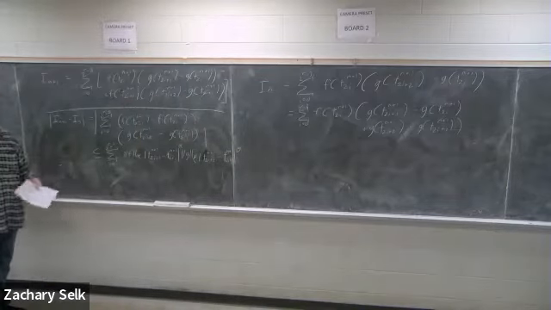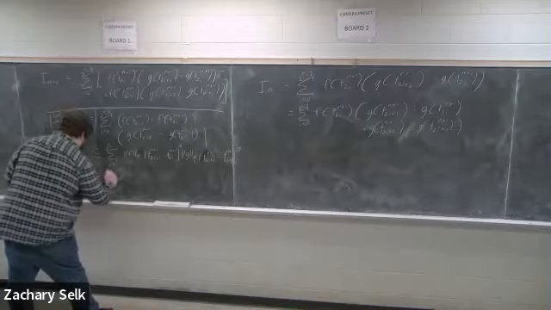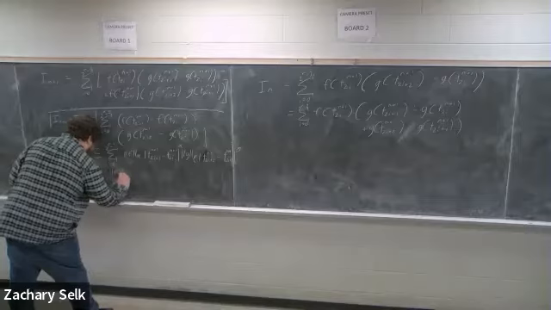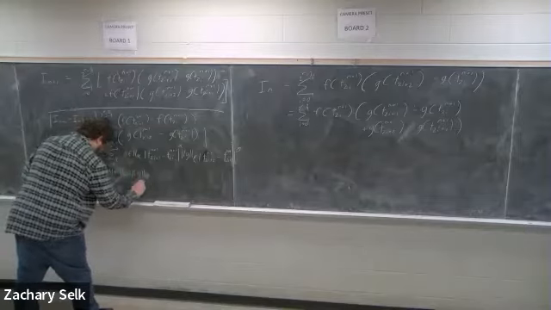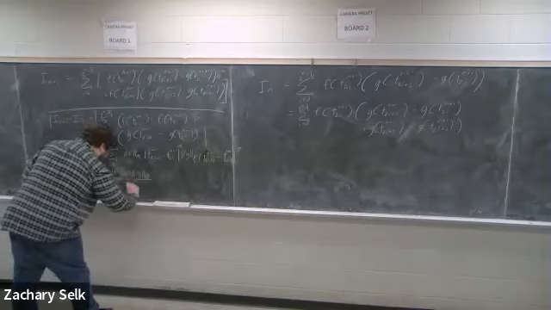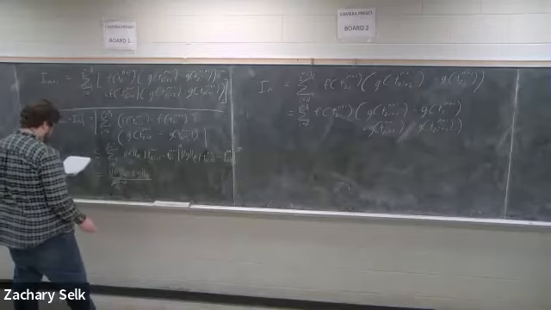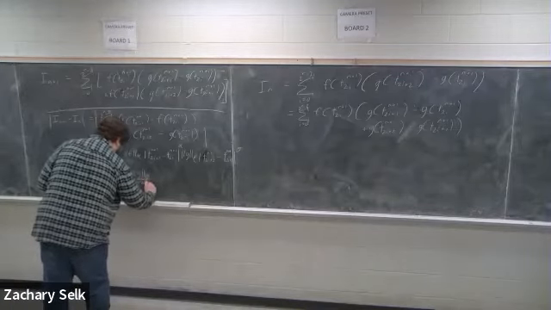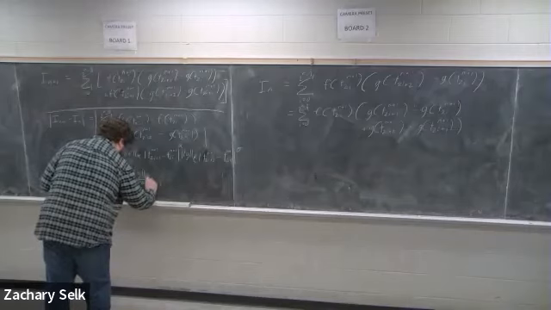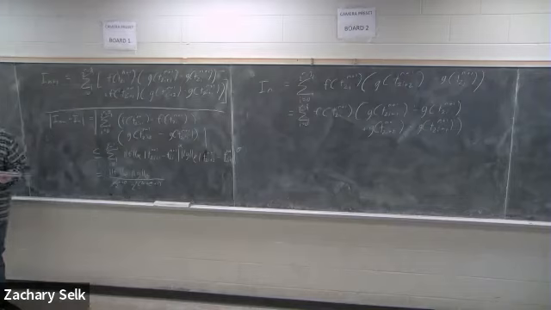And we can evaluate this as a geometric sum, giving the alpha norm of F times the beta norm of G divided by 2 to the n times alpha plus beta minus 1, which, if alpha plus beta is greater than 1, means that the series is summable.